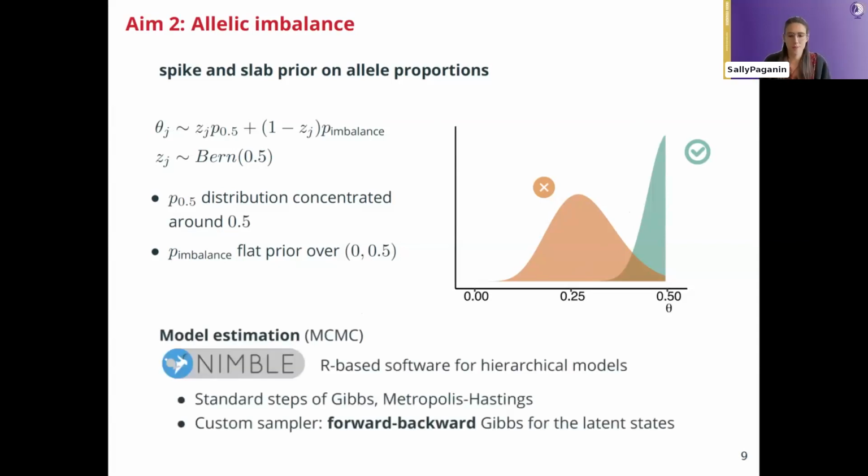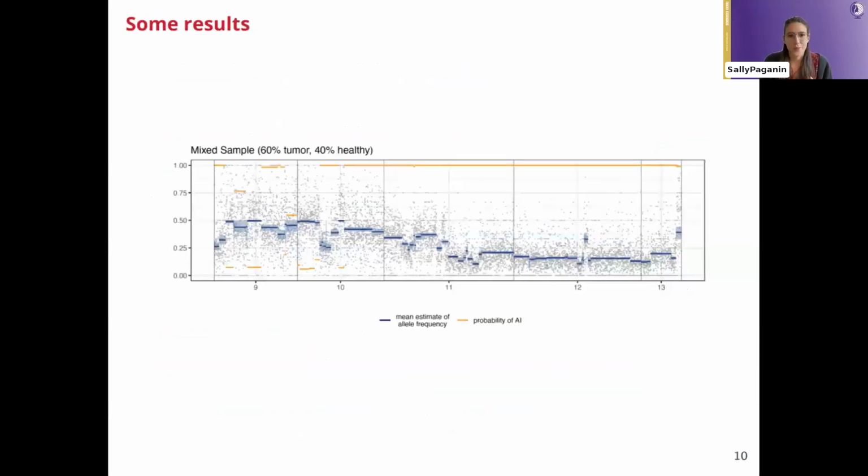I'm using a Bayesian framework, so I'm estimating everything via MCMC using a software called Nimble. And here, quickly, some results. Here is plotted some results from the experiments with the mixture of fragments from tumor and healthy cells. Here I reversed the dots according to the estimate of the haplotype.